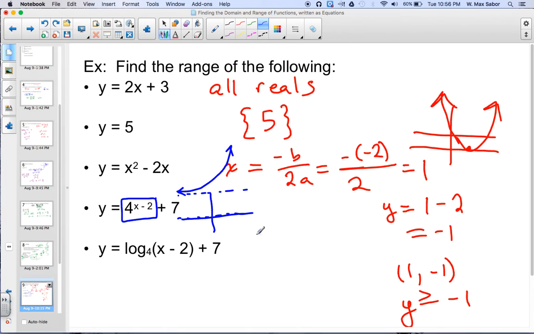So that just tells us that we're comparing y to 7, and all the numbers have to be larger than 7. So y is greater than 7 is the range of this exponential function. And we also have a logarithmic function. You can pretty much say that that's going to be all reals for the range, not for the domain, but for the range.